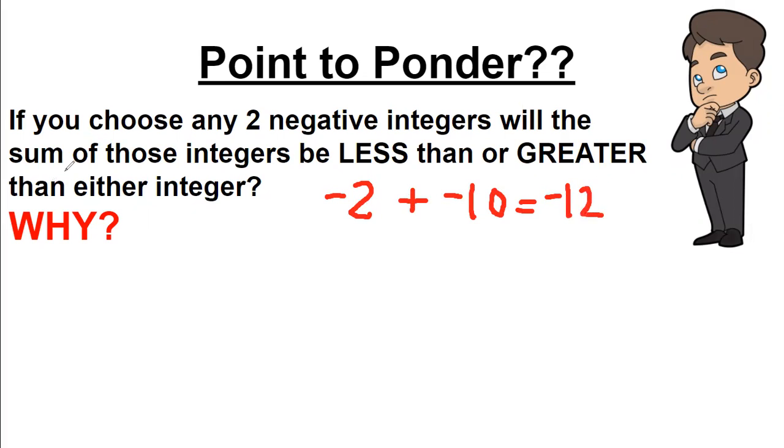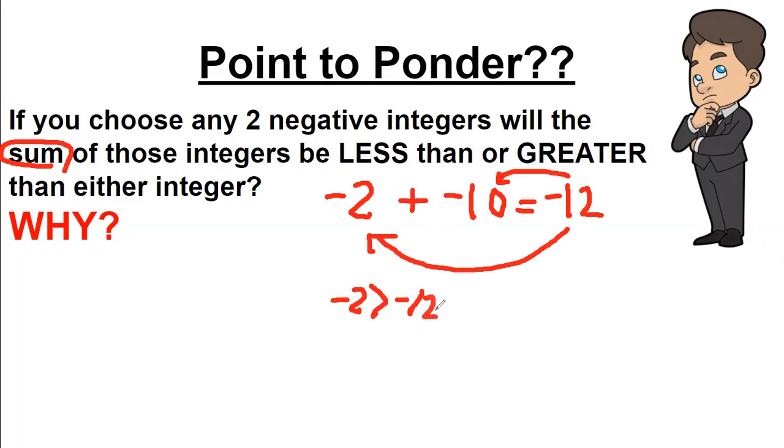Now, will the sum be less than or greater than the two integers, negative 2 and negative 10? So what we're asking is, is negative 2 bigger or is negative 12 bigger? Negative 2 is bigger. Negative 2 is greater than negative 12. What about negative 10?